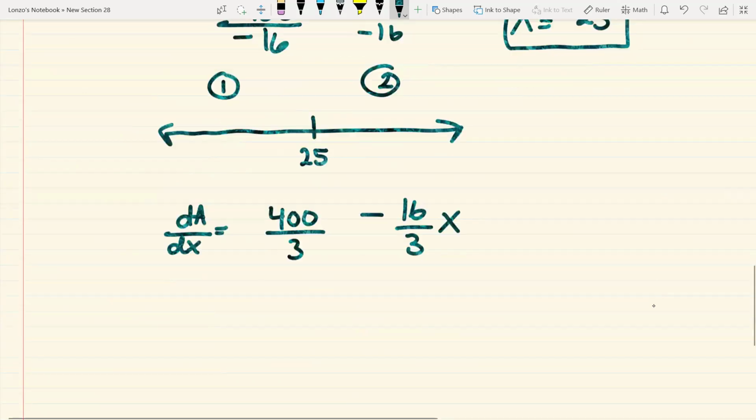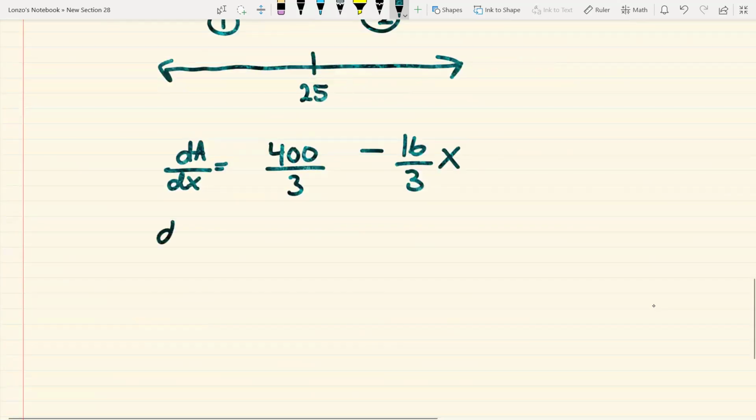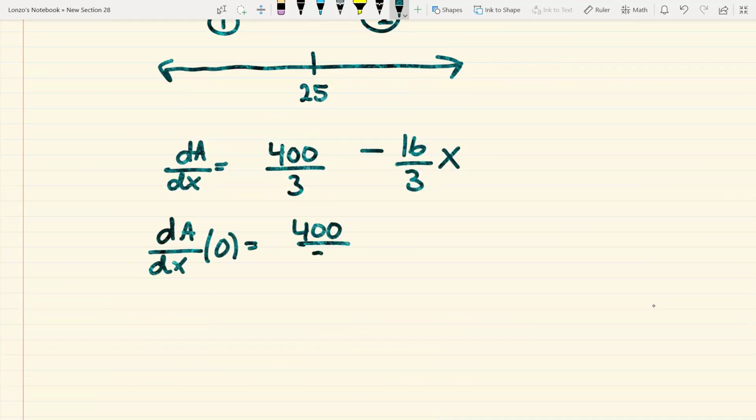I think I could get away with 0. So it's 400 over 3 minus 16 over 3 times 0, which is 0. So 400 over 3 is still positive. I don't care about the number, just the sign, so you can put a plus here. And then I need a number greater than 25, so maybe I could do 26.